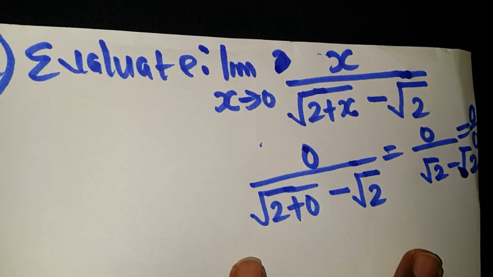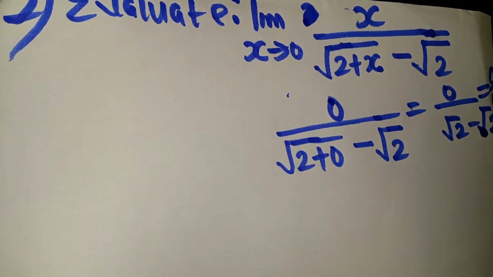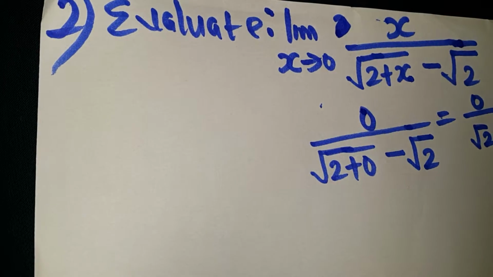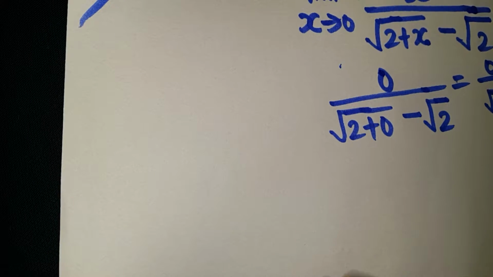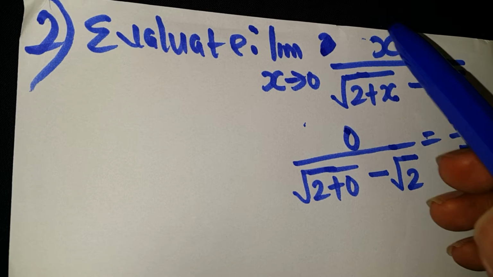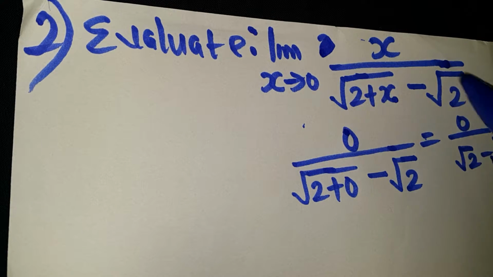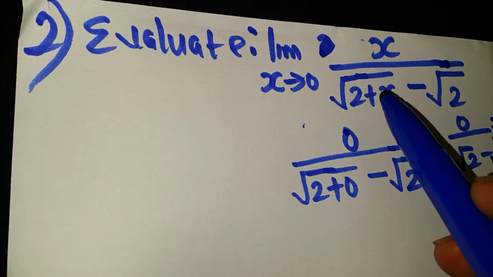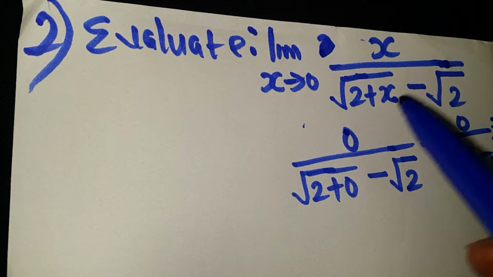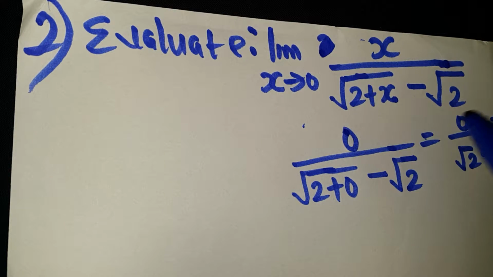So we can't leave it like this. We have to use the technique again, which is the rationalizing technique, the one we used in the previous example. I told you in the previous example that you have to look for the more complex expression here. This one is much more complex than x, so we'll be multiplying our function by it with the denominator.